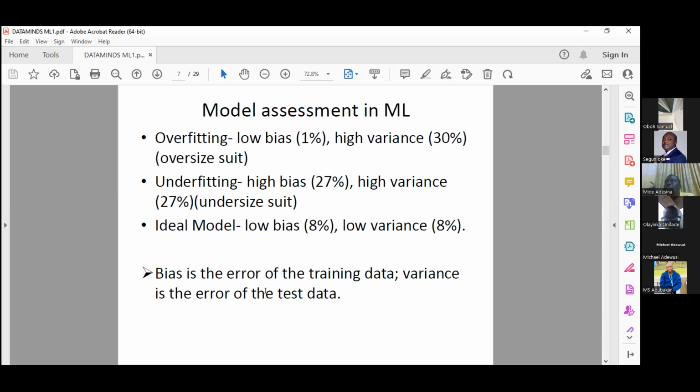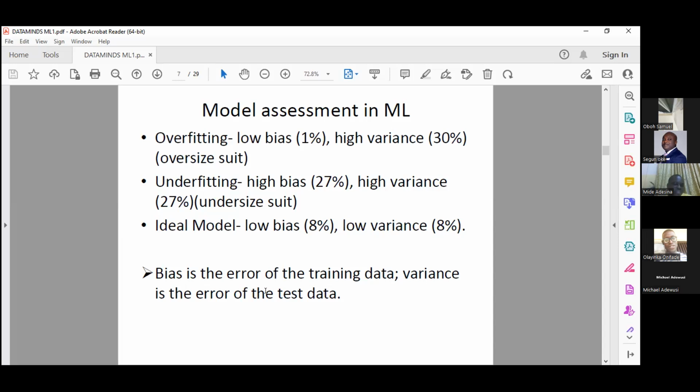We can equally use the bias-variance approach to define overfitting, when we have low bias and high variance. Low bias is associated with training sets, and variance is associated with testing sets. If we have a case where we have low bias, 1% as provided here, and by the time we subject it to the testing set, it gives us a high variance.